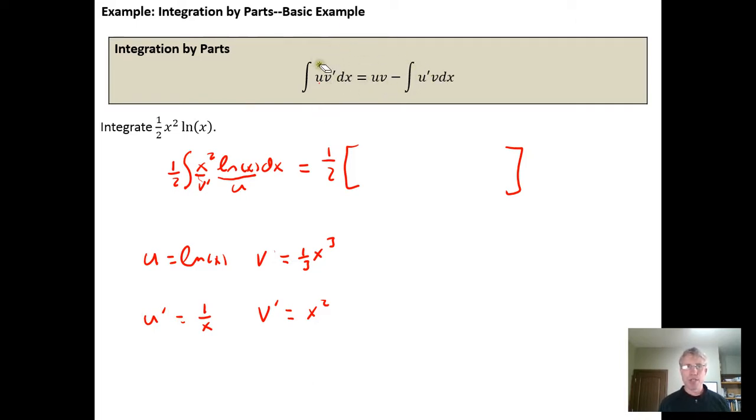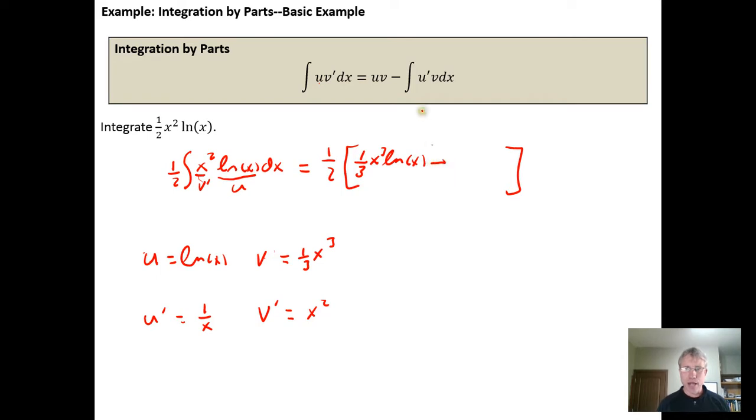So the formula says that this antiderivative on the left that we're interested in can be found by taking u times v, which is just the product of these two terms. So that's just going to be 1/3 x cubed times the natural log of x, which gives us the product of u and v.